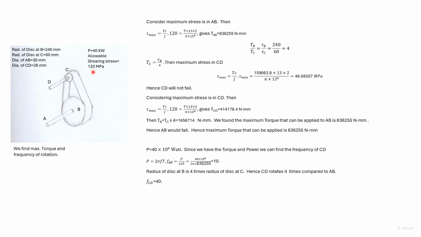We are also given the maximum shearing stress that is allowed, and the power. So we need to find out the maximum torque that can be applied, and the frequency of rotation corresponding to it.